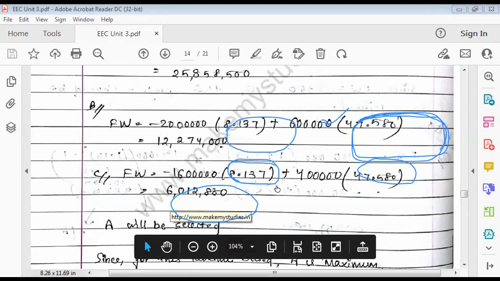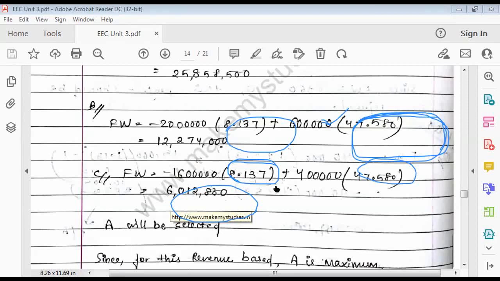Okay, I forgot to say one thing. Just to remind you, the question we are solving, we have already discussed in the present worth method. This is a revenue based question. Hope you remember, because here revenue is dominating cost.